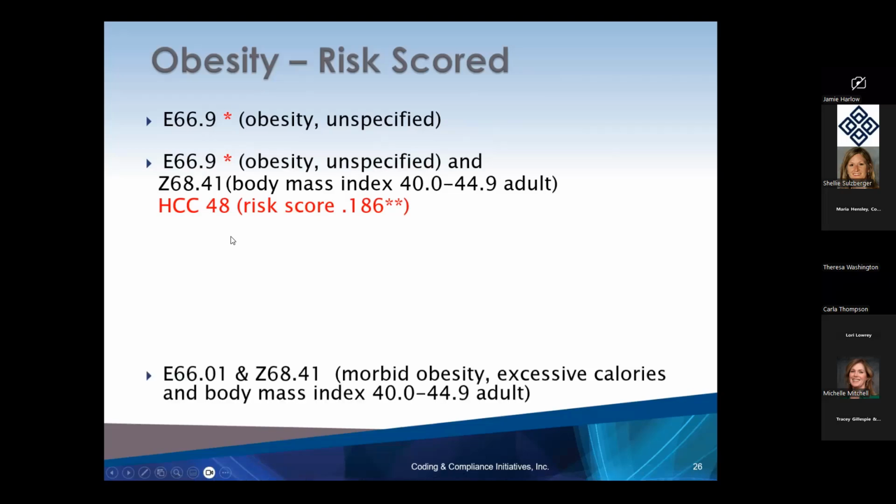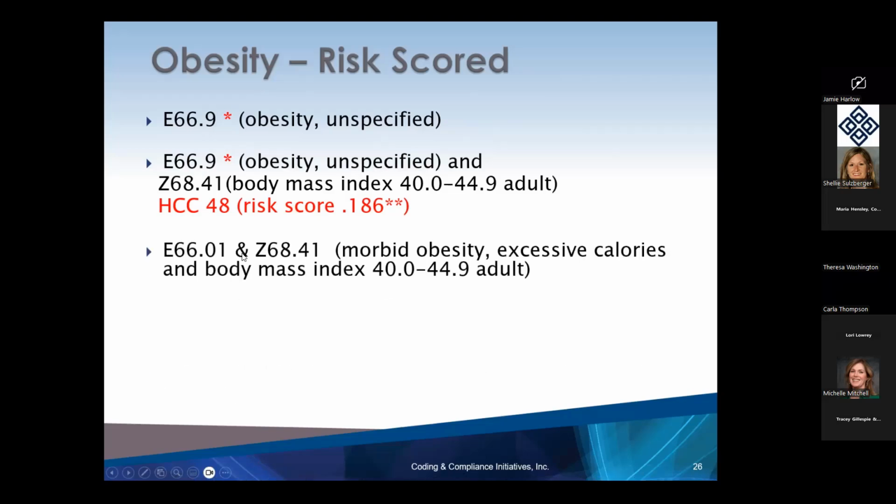get credit once. If your provider leaves this training and says, great, I've got it, Shelly's changed my mind, I'm going to be perfect and get it documented to the highest level every single time, that is the best way. Again, both of those diagnoses are on the value base. They both map to HCC score 48.